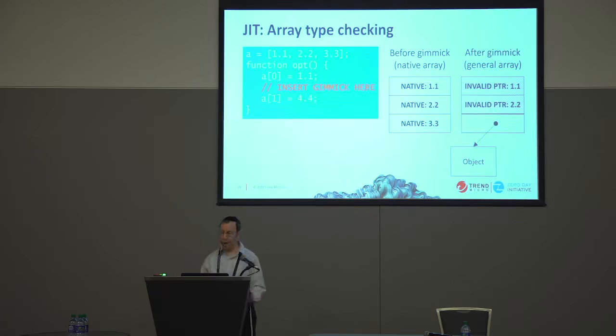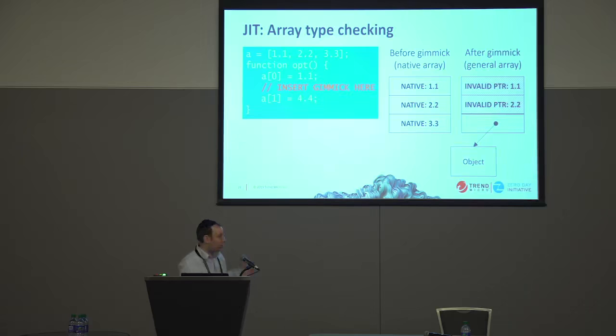Now, consider what happens if the JIT compiler fails to realize that our gimmick may have changed the array from a native array to a general array. When the last line of JavaScript code shown here executes, the JIT optimized code thinks that the array is still in native form.